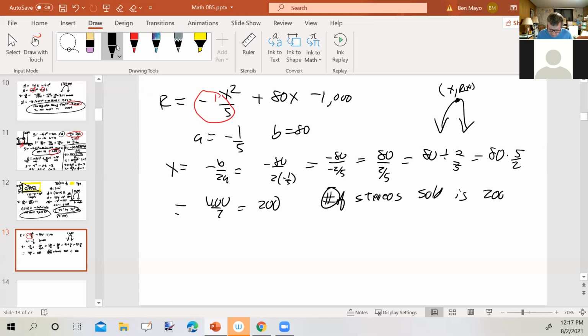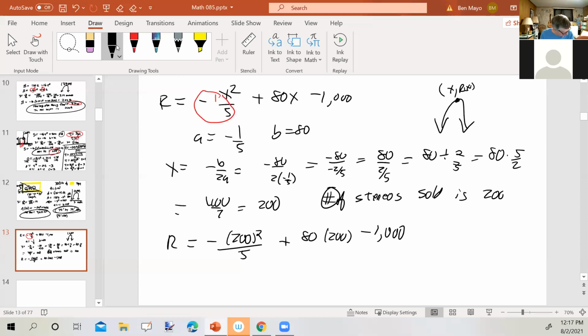All right, now, how do we find the maximum revenue? We find R of 200. So we put 200 in for X. So R equals negative 200 squared over 5 plus 80 times 200 minus 1,000. Okay. So negative 200 squared divided by 5 plus 80 times 200 minus 1,000.